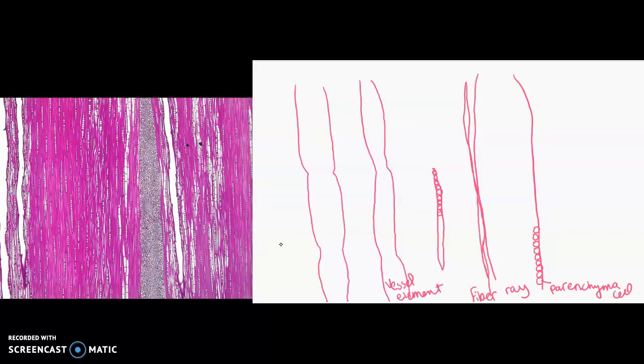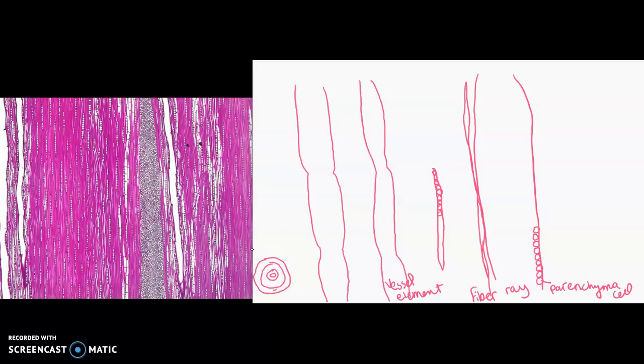Okay, so we have the fibers and the vessel elements, and you're unlikely to see early wood versus late wood here. If you think about looking at the top of your trunk and those rings, what we've done is basically we have a slice like right here.